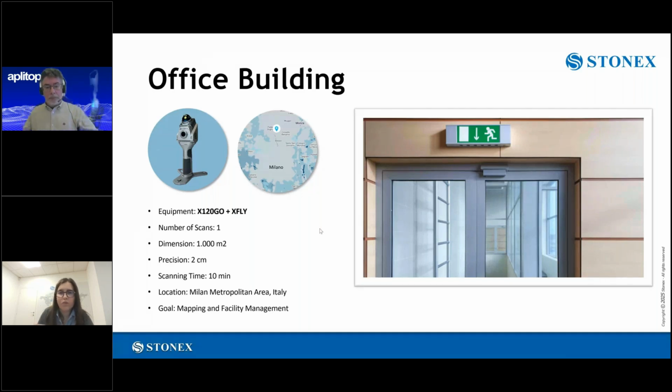We focus on emergency exits, fire extinguishers, all of the elements related to emergency plans and so on. So now the word to you, Jorge, so you can show the examples with this point cloud.